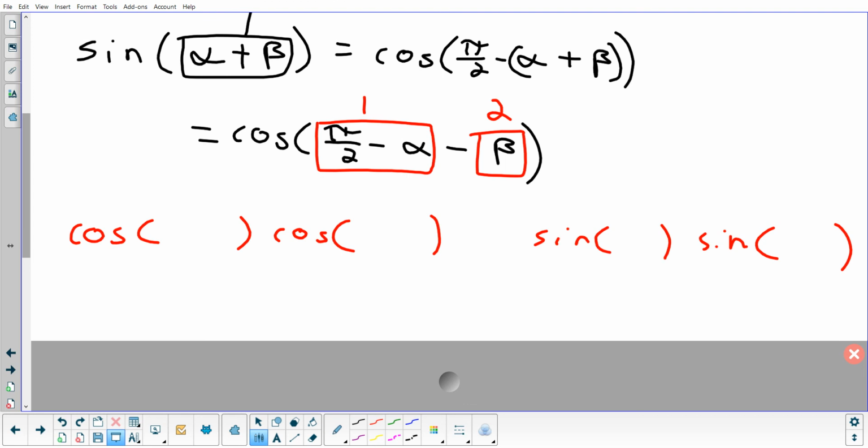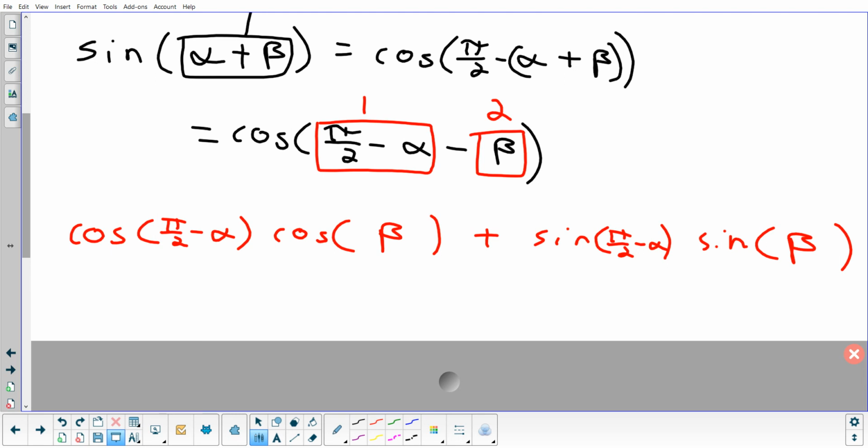Yeah, an addition sign. And now fill in your angles. 1, 2, 1, 2. This is 1, this is 2, this is 1, and that's 2.